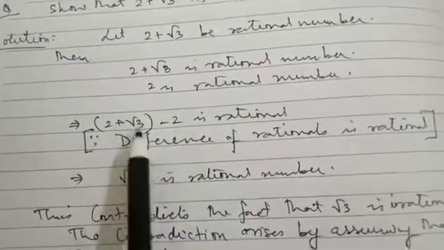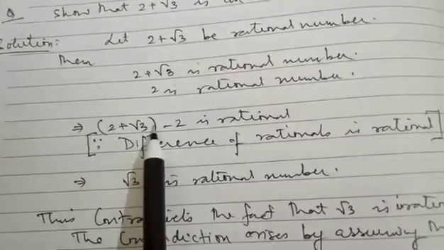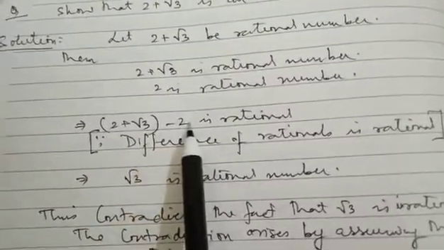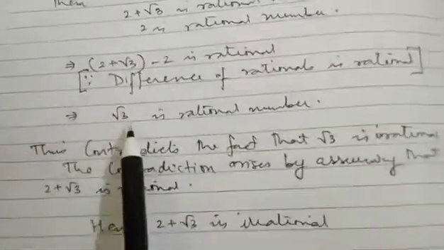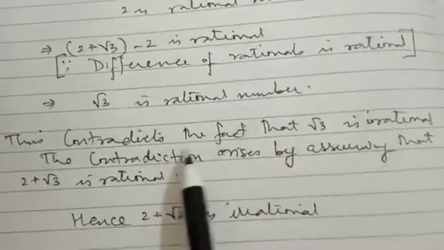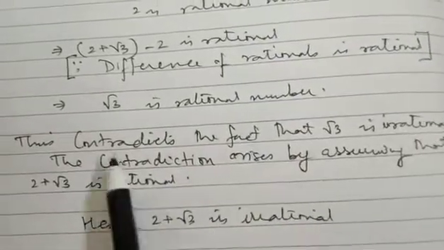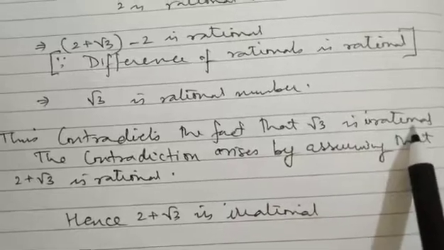That is a property of real numbers. So look at this step. This is a very important step, that 2 plus root 3 is a rational number. 2 is a rational number. When we subtract both of them, the difference comes to be root 3, which will also be a rational number. But this is a contradiction. This contradicts the fact that root 3 is irrational.